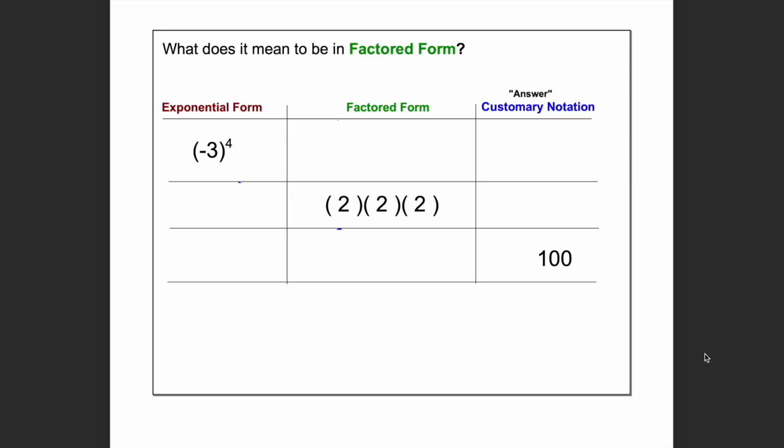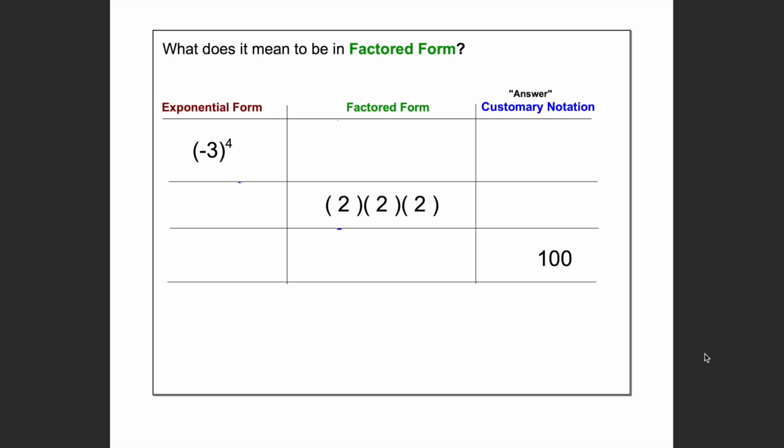All right, now let's talk about factored form. Taking exponents and putting them in factored form. So the exponential form, which we've been dealing with, is you take a base and you raise it to an exponent. Factored form is taking the base and multiplying it by itself as many times as the exponent tells you to.